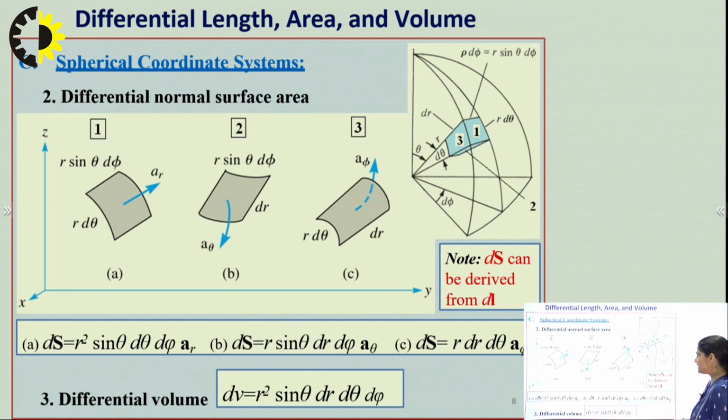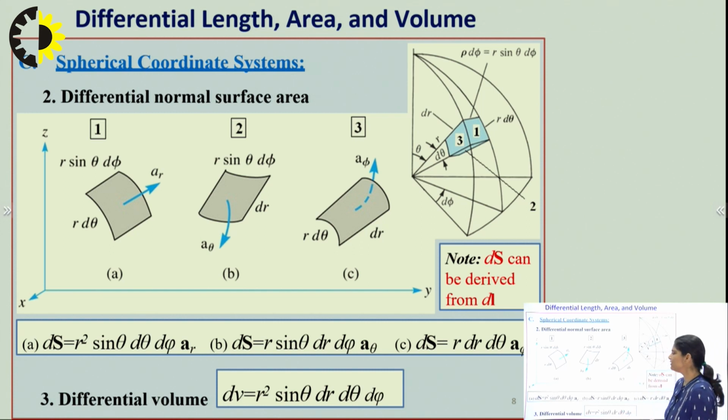Now the third case, consider the direction of phi, which is in the angle direction. For the unit vector phi, ds is equal to r dr d theta, unit vector of phi. So this is the case for differential surface area.